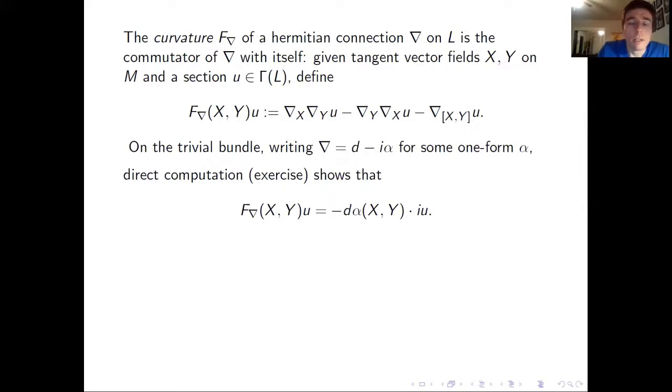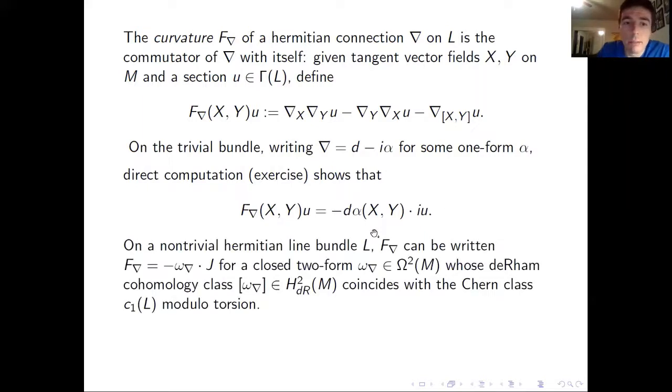Okay, so on the trivial bundle, note that writing nabla as d minus i alpha for some one-form alpha, a direct computation, which I'll leave to you as an exercise, shows that F nabla of x, y acting on u is exactly minus d alpha of x, y. So just the exterior derivative of that one-form alpha. So we get minus d alpha of x, y times i times u.